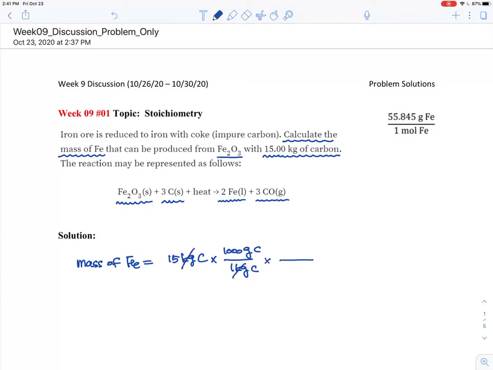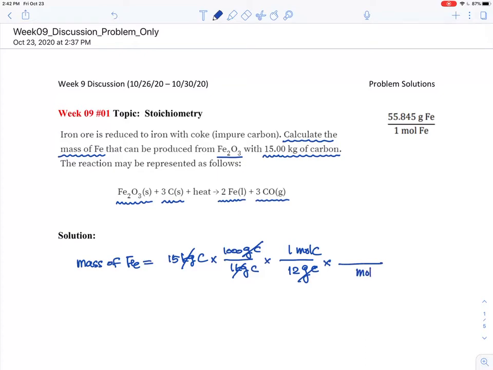And with 1 gram of carbon, how many moles? 1 mole of carbon is 12 grams. So that's now the moles to grams.